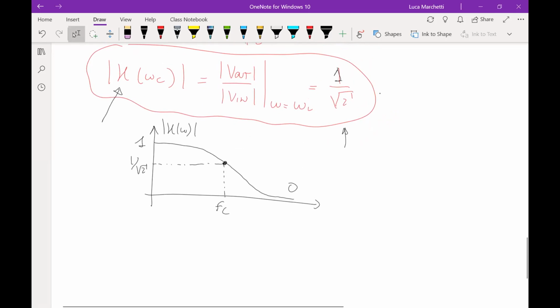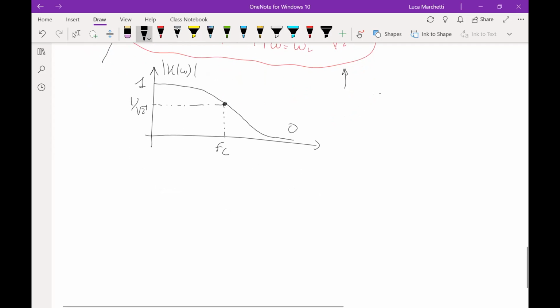However, let's try to reconnect with maybe what Jürgen told you before, that usually this kind of plot is plotted in terms of dB.